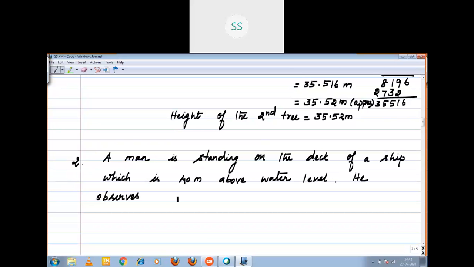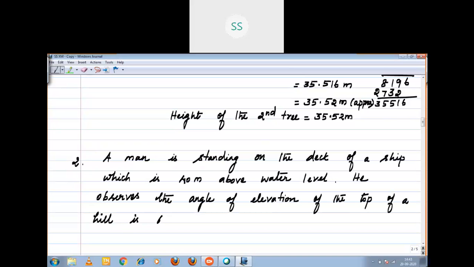He observes the angle of elevation of the top of a hill is 60 degree.